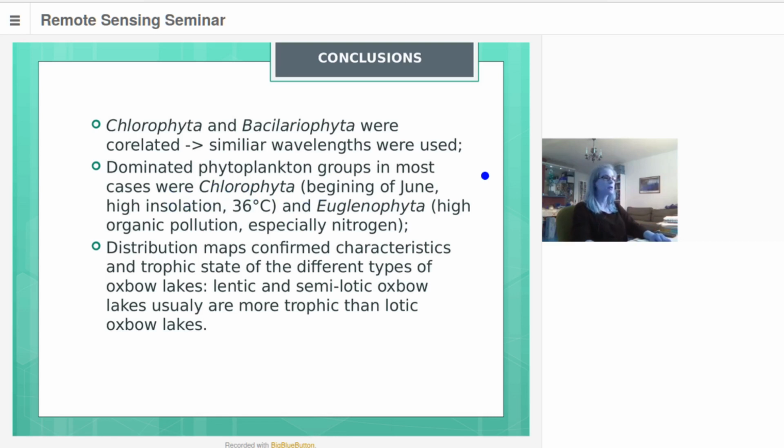This is because it was the beginning of June and high insolation. It was around 36 degrees. There's also a lot of bacillariophyta, and this is due to organic pollution, especially nitrogen. And the distribution maps confirmed the characteristic trophic state of the different types of oxbow lake. The lotic and semi-lotic oxbow lakes usually are more trophic than lentic oxbow lakes.